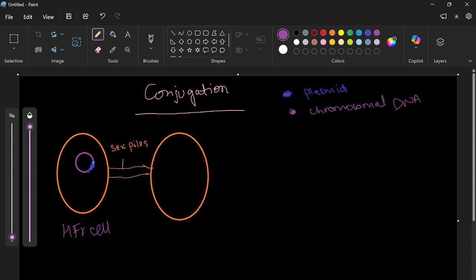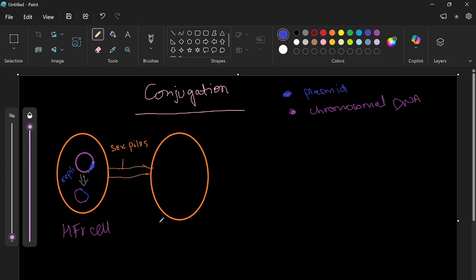What will happen is that basically this whole chromosome will replicate into another copy. I'm not showing the replication, but it is replicating.